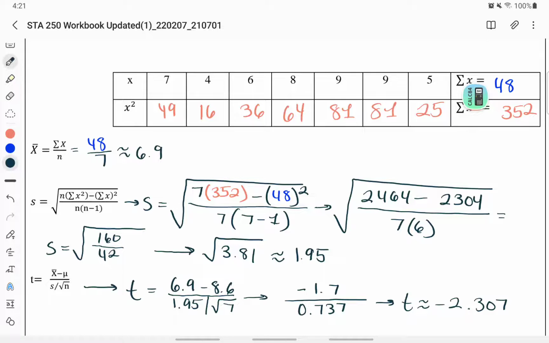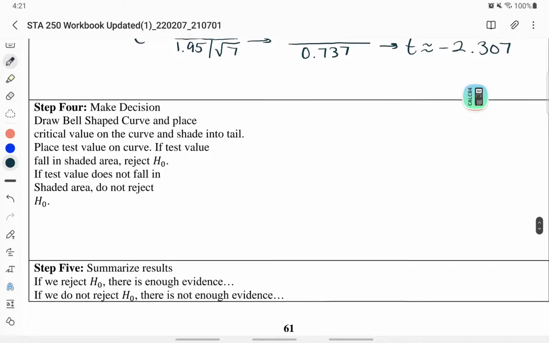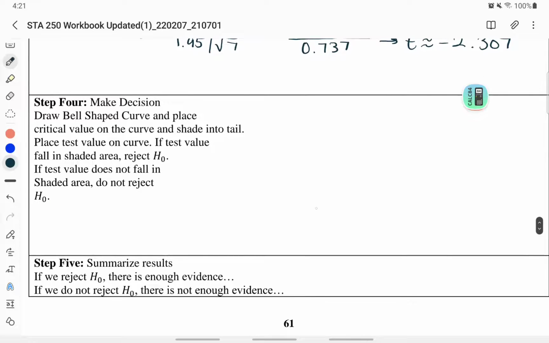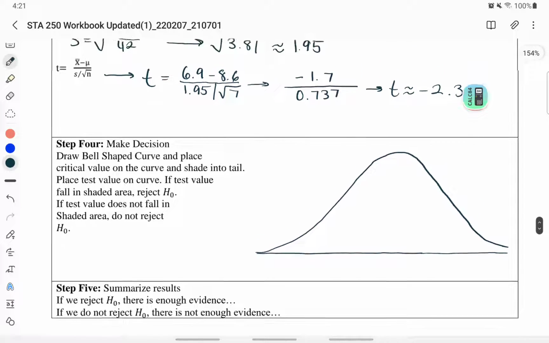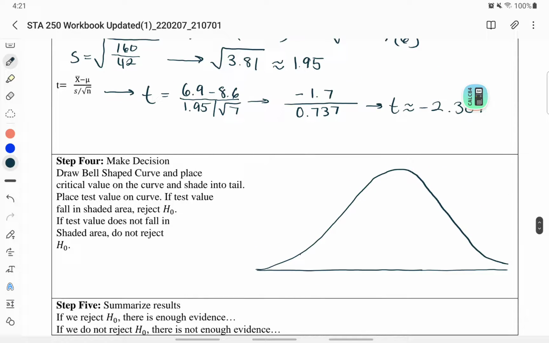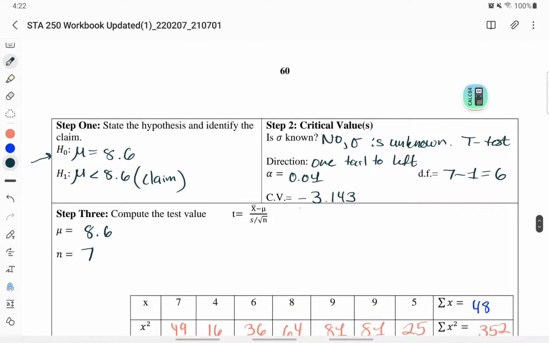Step number 4 is going to be make our decision. Draw the bell-shaped curve. This is a left tail test, so let's place our critical value on the left side. Remember, the critical value in step number 2 was negative 3.143.